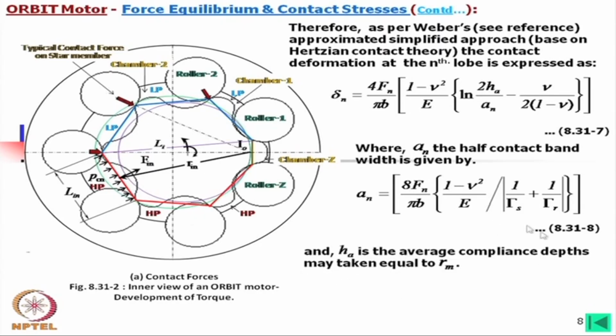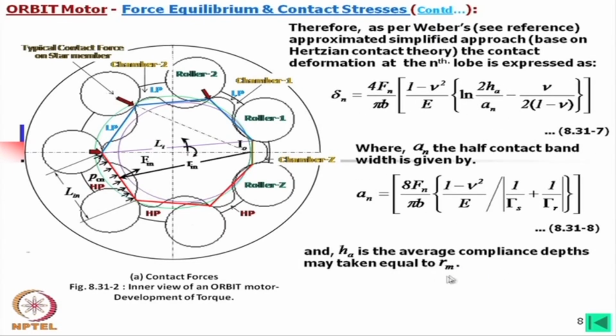H A is average compliance depth. In this case, we have considered this depth is up to the center of the roller, so this is equal to R m maximum, but this is arbitrary. However, if we consider this is half of that or double of that, you will find this overall contribution will be negligibly small.